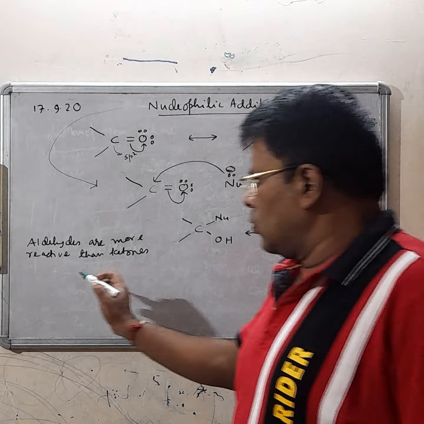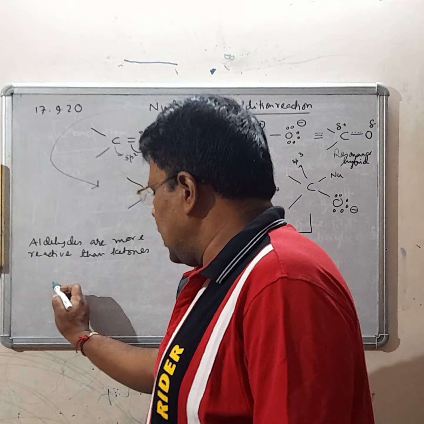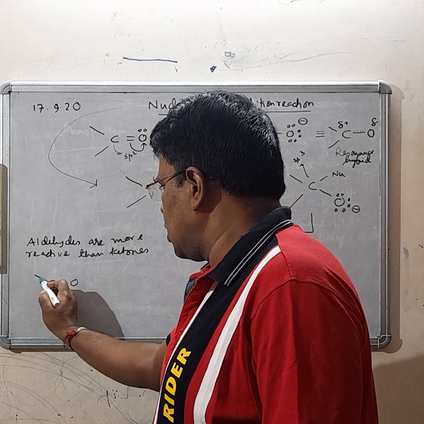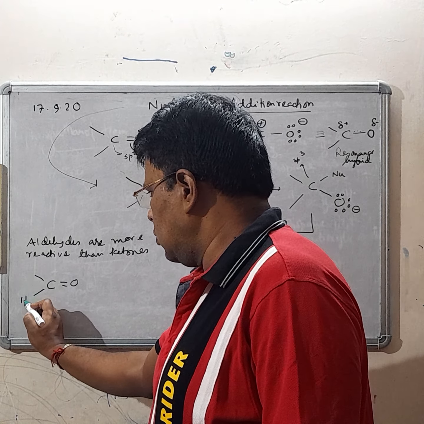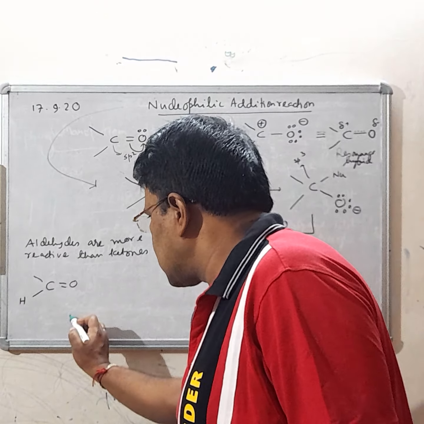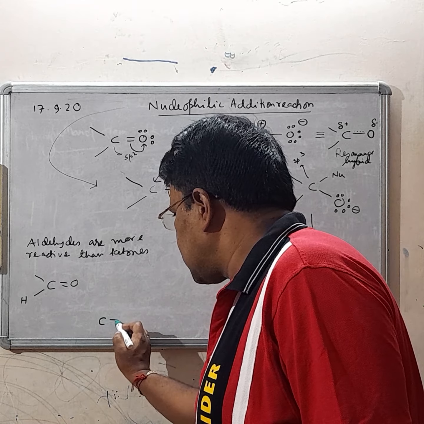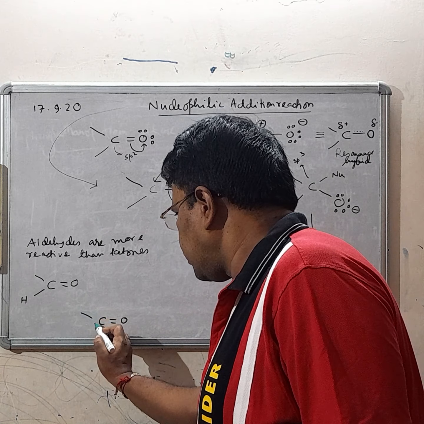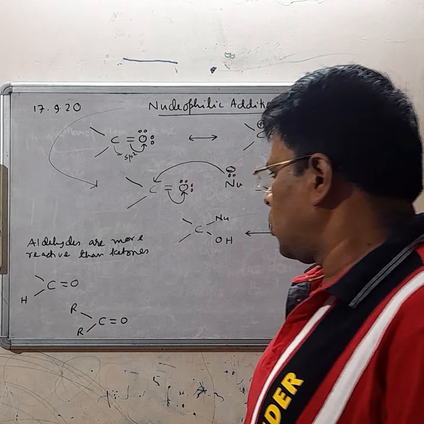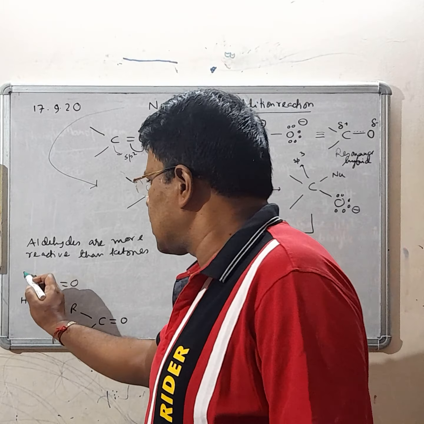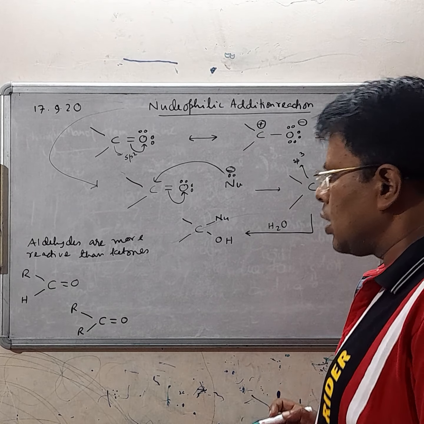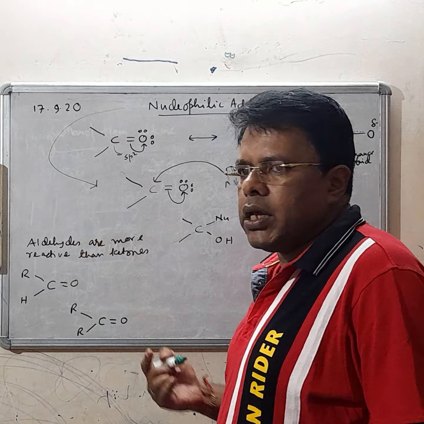Now, you know that aldehyde is this unit, and ketone is this unit. This is aldehyde, and this can be explained.